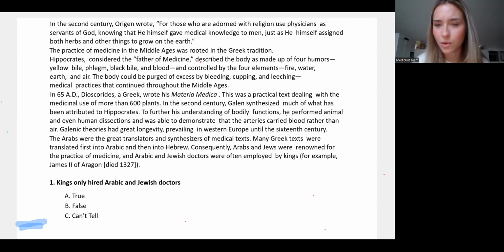Or if you're unable to vote on the poll, feel free to put it in the chat as well. Okay, for some reason I can't actually see the votes on the poll. So if you guys can put it in the chat, that'd be really good.